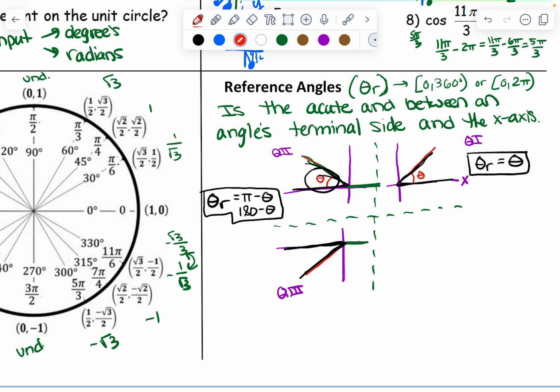It'll be inside of this one. Oh, you know what I should have done? Let me clarify. So this is theta, but this is also theta sub r. That's why it's a little confusing. Technically my theta is over here. It's this angle. And then on the inside, that is theta sub r. Okay.